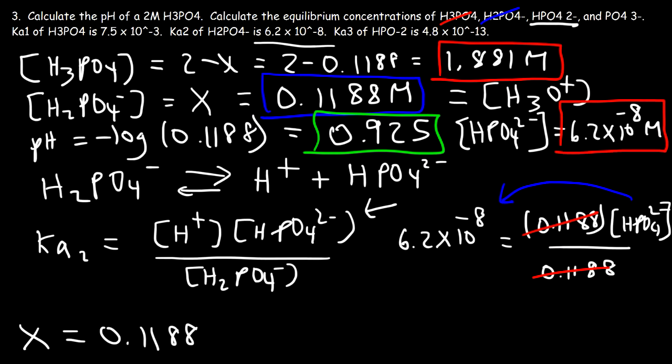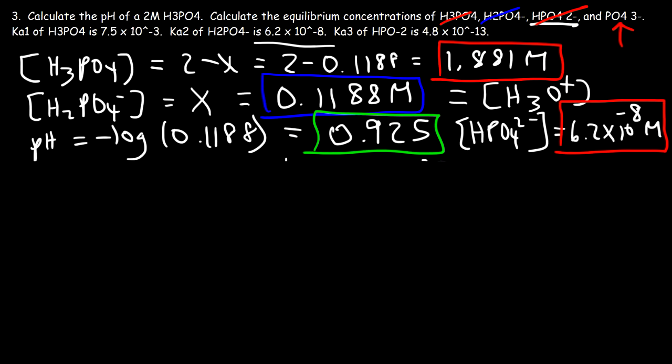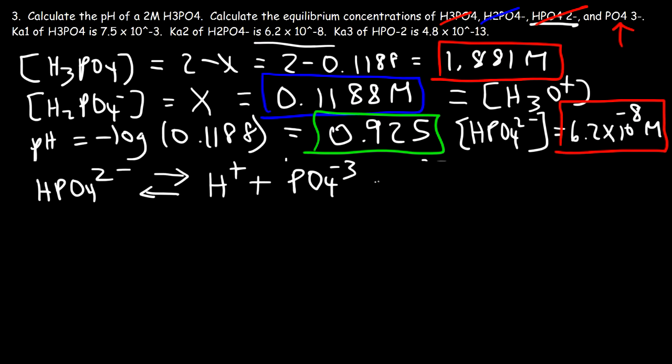So now, we only need to calculate the concentration of phosphate at this point. So HPO4 2 minus is in equilibrium with H plus and the phosphate ion. So we can write the expression for Ka3.